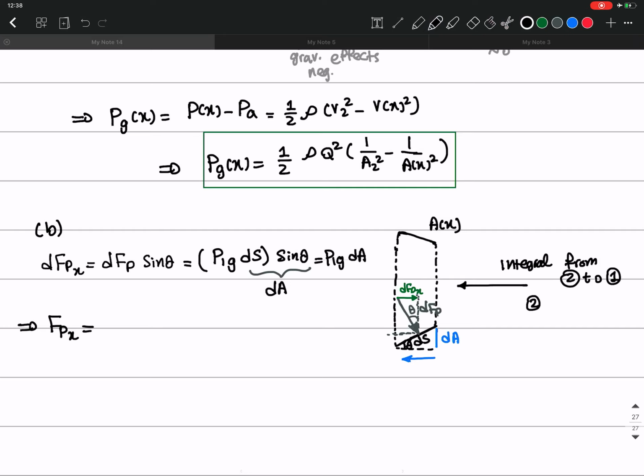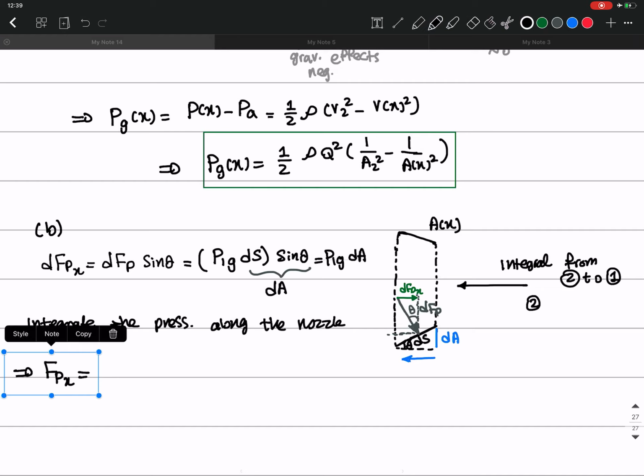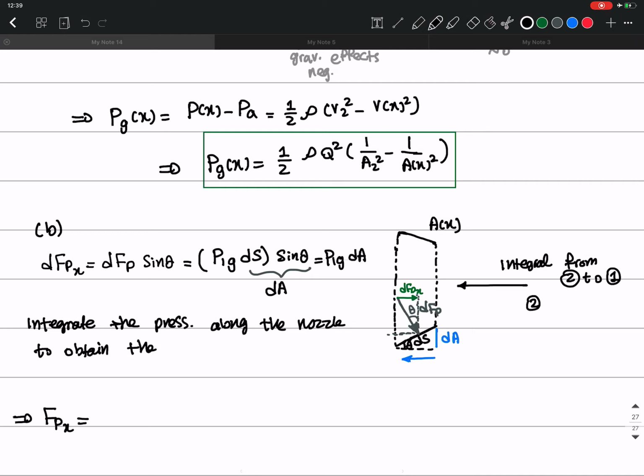So FPX, before I write it, integrate the pressure along the nozzle to obtain the x component of the pressure force.